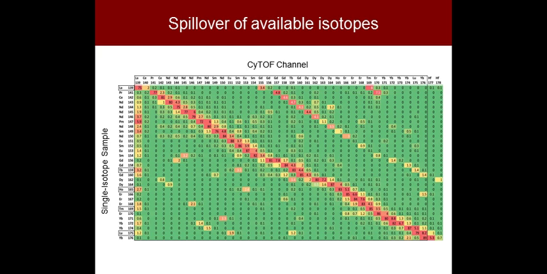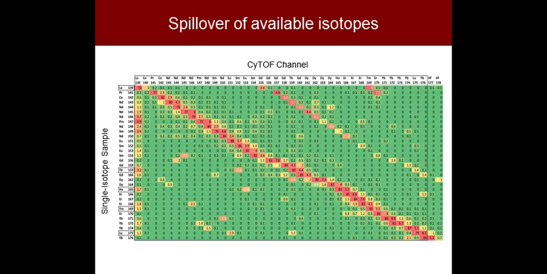That's the incomplete ionization of these heavy metals, whereby they get an oxygen atom attached to them. And so now they show up in the mass plus 16 channel. That's something that you can regulate to a certain degree by tuning the instrument properly in terms of the makeup gas flow rate. But it is an issue that you have to think about.